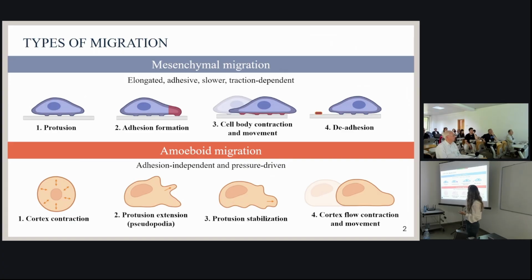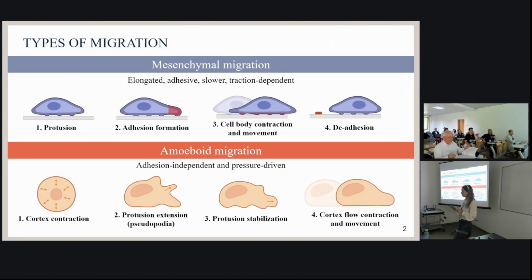Then the cell is able to contract and move. However, in cases where we don't have a good adhesion, the cells depend on the contraction of the cortex, and also on intracellular pressure to stabilize a bleb that allows the cells to move.